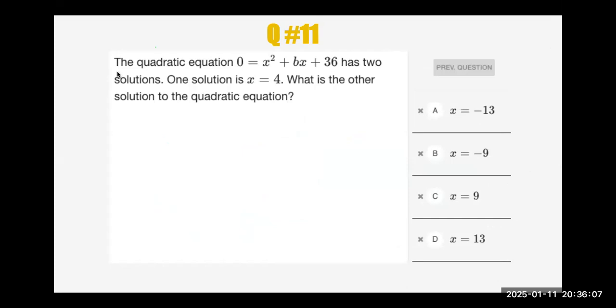This equation, everybody. Given the quadratic equation, one solution is x equals 4. What's the other one? Okay, Sean and Justin, very good job.